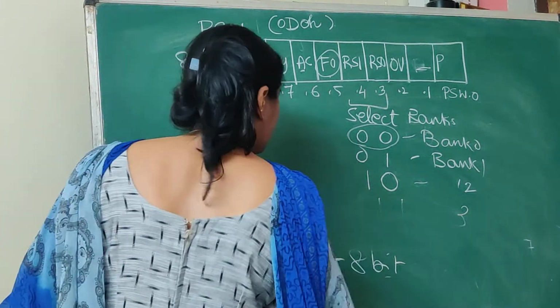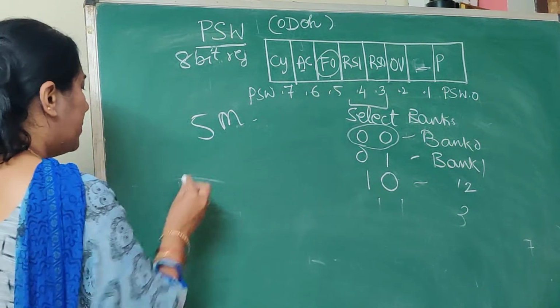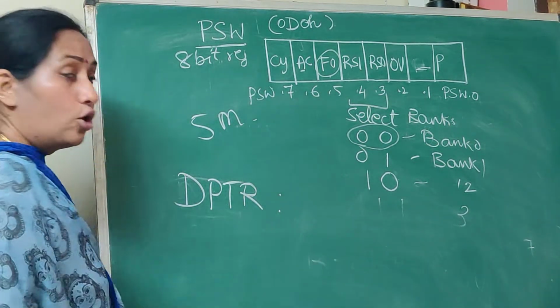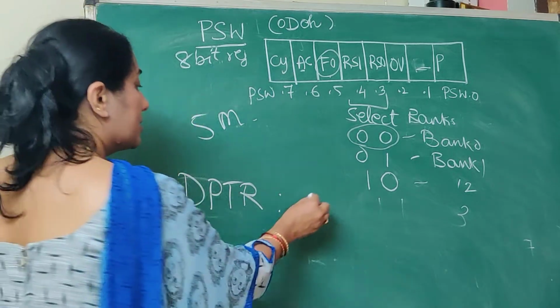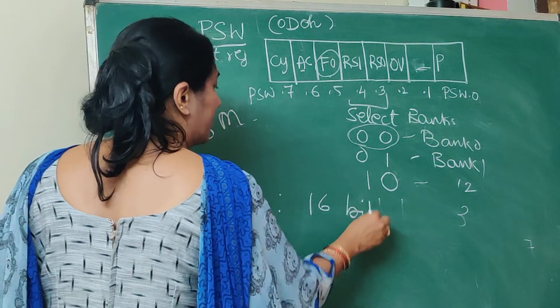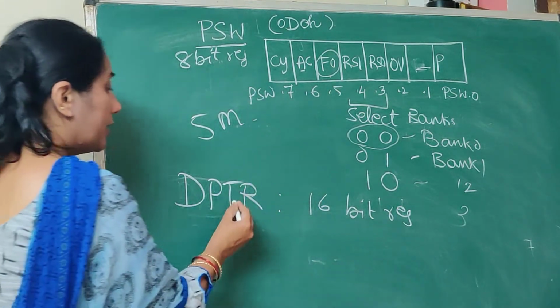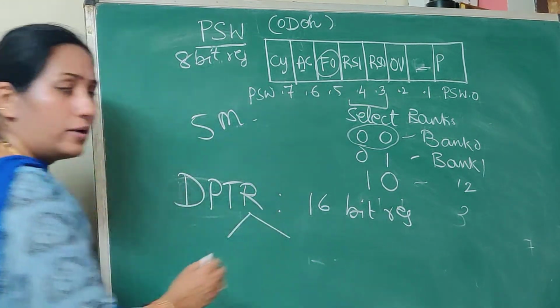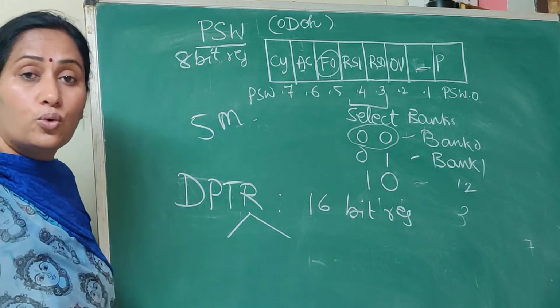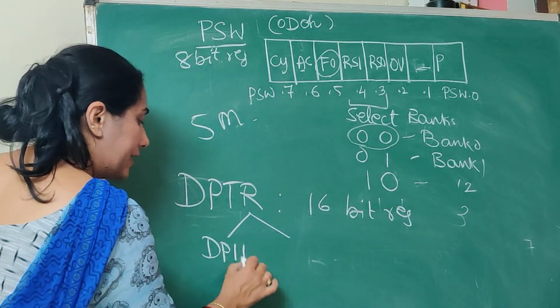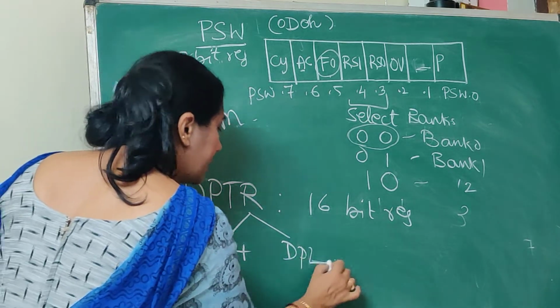ಮುಂದಿನ ಯಾವುದು, you having DPTR. So as a whole DPTR is a 16-bit register. This particular DPTR is made up of 2 8-bit registers, namely DPH and DPL.